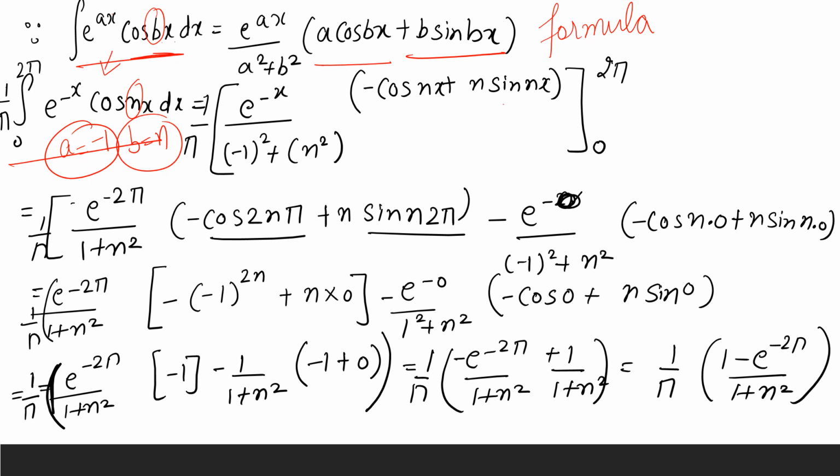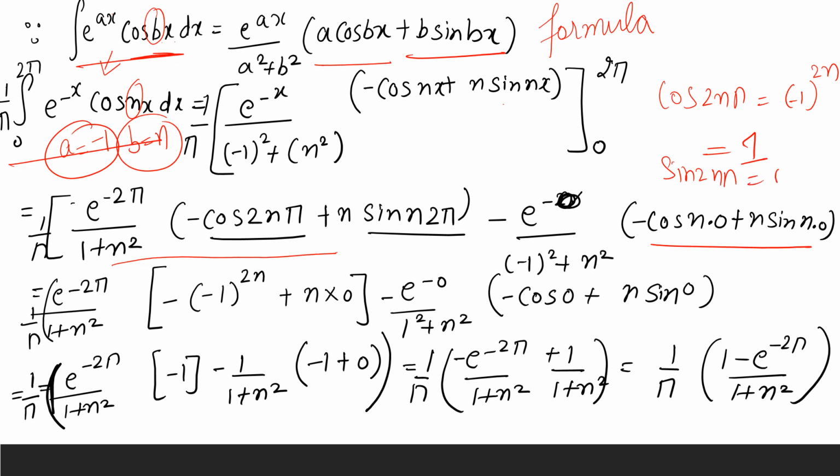Then we put in the limits 2π and 0. First we put 2π and then we put 0. You know that cos 2nπ is (−1)^(2n), and 2n is even, so the answer will be 1. Sin 2nπ is 0, so n multiplied by 0 is 0. So only minus 1 here.